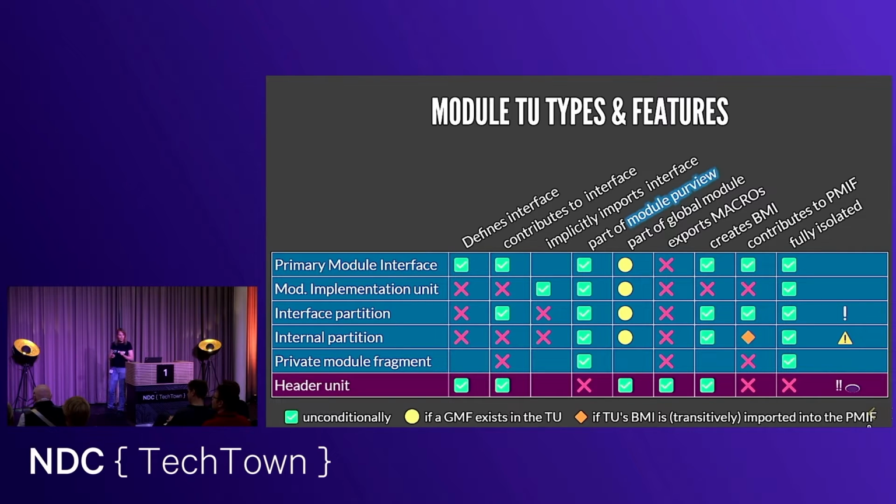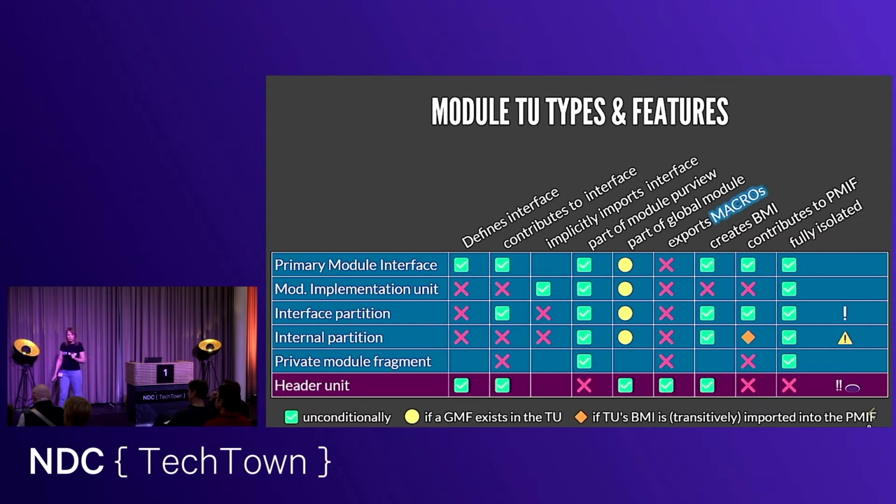The important differences are, in particular, that named modules have a purview with attachment and name isolation, whereas header units don't. The header units are part of the global module, whereas the named modules have their own, but they can use parts of the global module entities. Header units can export macros.